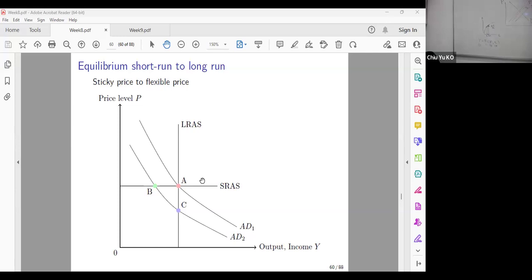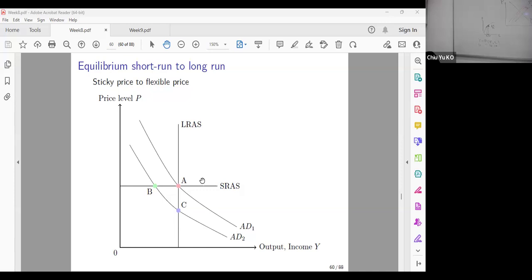What happens is the central bank actually reduces the money supply. After the quantitative easing, now the Federal Reserve is just contracting. The money supply shifts this way, so in the short run, the output goes from A to B. So reduced money supply would contract the economy.